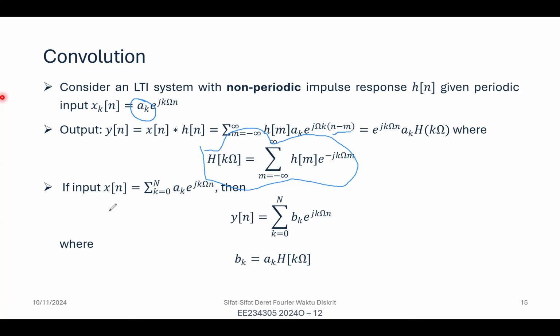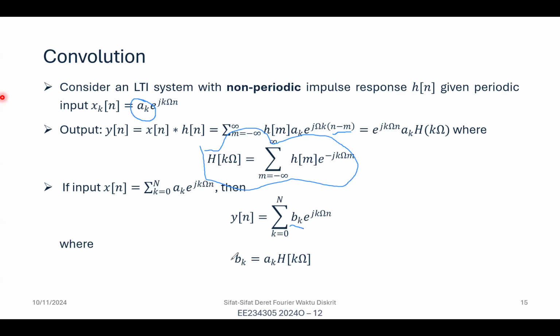And if we have a periodic input, then the output is periodic too and will have Fourier coefficient bk.